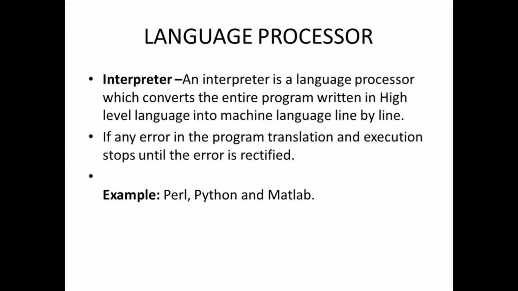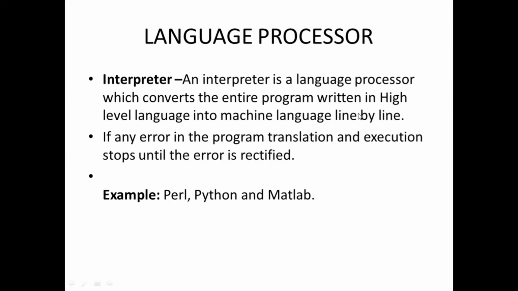Then next is interpreter. It is also one type of translator. An interpreter is a language processor which converts the entire program written in high level language into machine language line by line. In a compiler, the entire program is translated in one go, but in an interpreter the program is translated line by line. If any error is there in the program, it will stop.